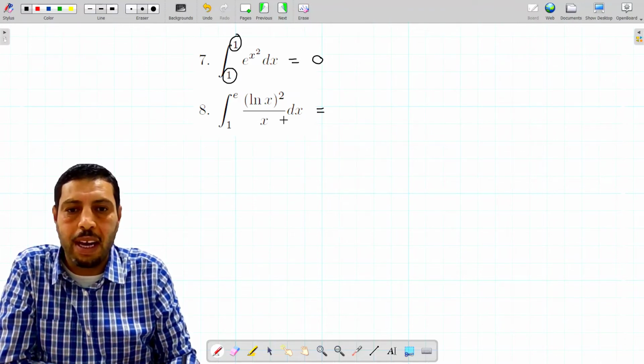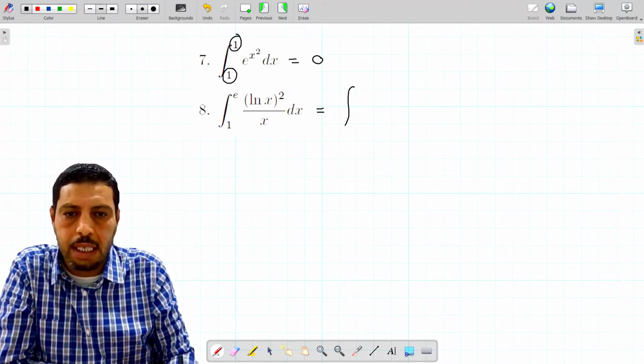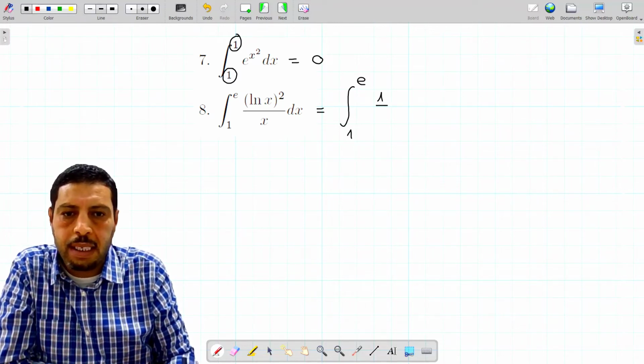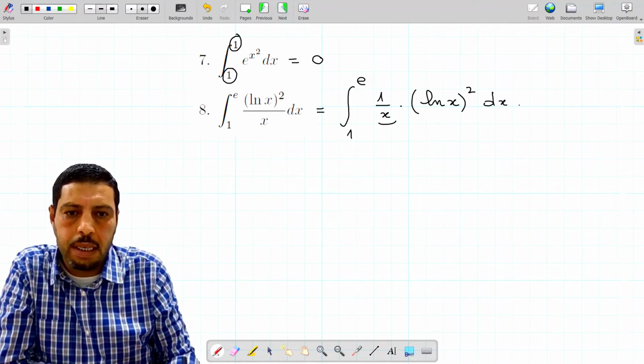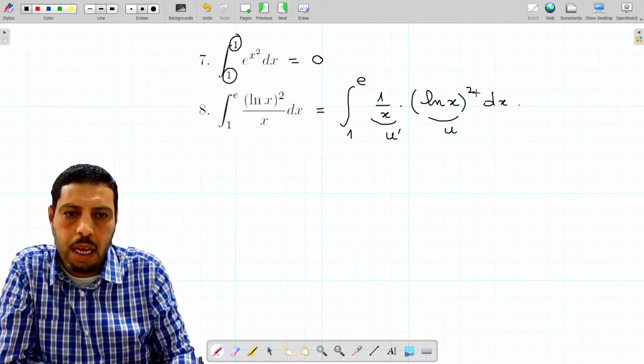Yes, here we have 1 over x, so we can write this integral as the integral between 1 and e of 1 over x times ln of x squared dx. And here, this is u prime, this is u, and to the power of n.